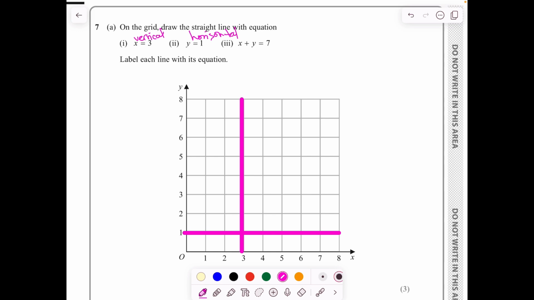So you could have 0, 7, because 0 plus 7 gives you 7. 1, 6, because 1 plus 6 gives you 7. 2, 5, because 2 plus 5 gives you 7, and so on. 3, 4, 4, 3, 5, 2, 6, 1, 7, 0. And so this is your line. That's your line, x plus y equals 7. And that's all they wanted you to do for that particular one.